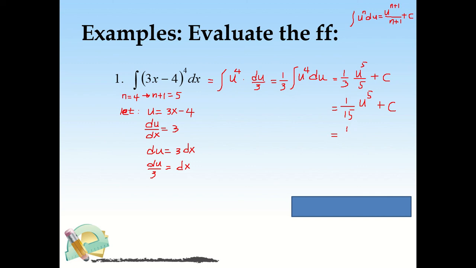So you will get 1 over 15 times u, where our u is equal to 3x minus 4, and then raised to the power 5, then plus c. Okay, so this is our answer, class.